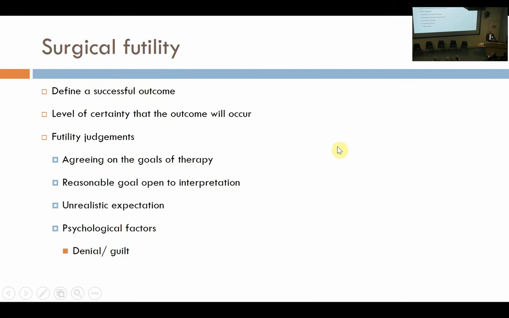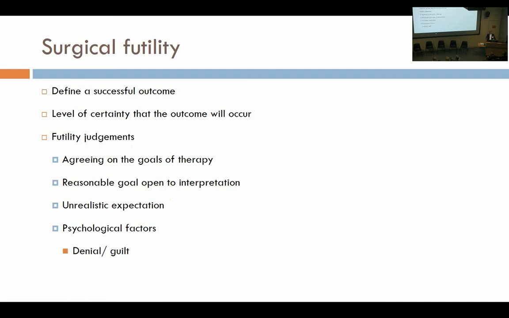The problem with measuring that is that it's really about agreeing on what the goals of therapy are, because that's very difficult to interpret. Everyone has a different interpretation of what the ideal goal of therapy is, and goals of therapy are really open to interpretation, and sometimes we can have unrealistic expectations.